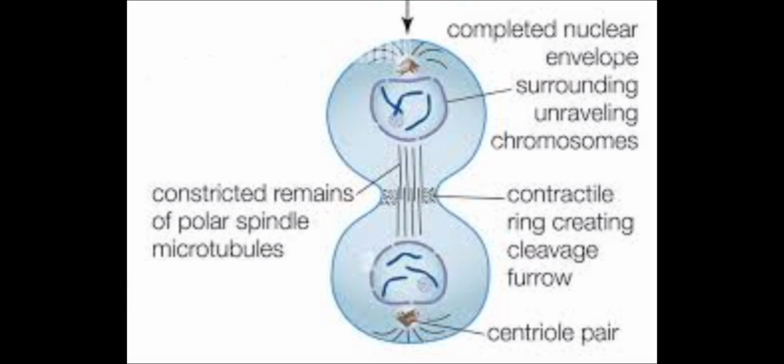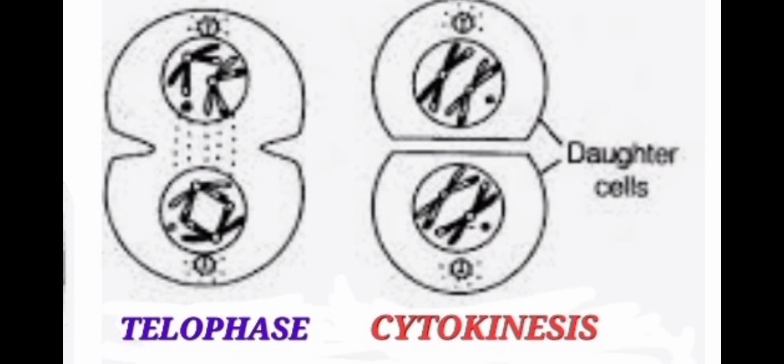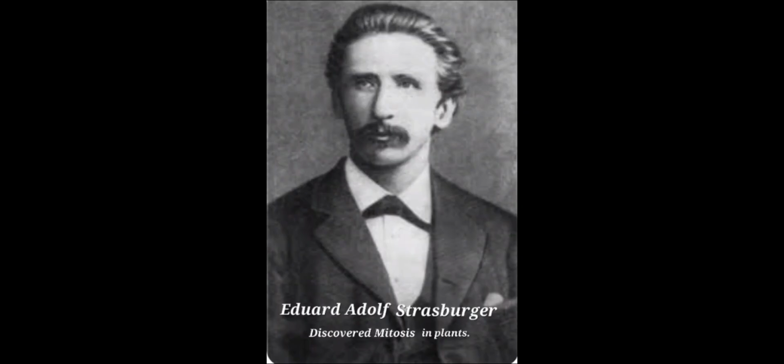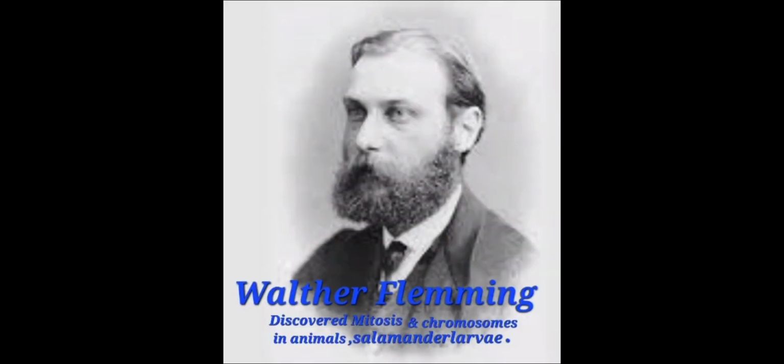But who gave us knowledge about the mitotic division and the changes in the chromosomes associated with it? Let us know it in detail. It was Walter Fleming. In plants, mitosis was first observed by Edward Adolph Strasburger when he saw the dividing cells in Tradescantia.